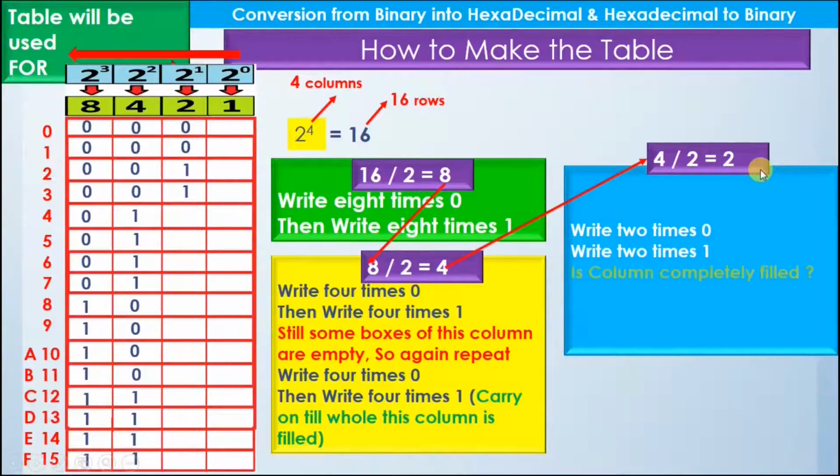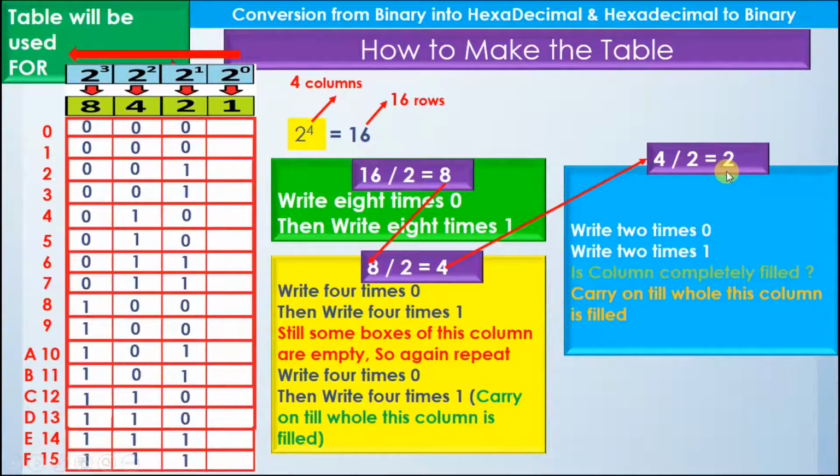Is the column completely filled? No, the column is not completely filled. So write 2 times 0 again. 2 zeros come here and again write 2 times 1. So 2 ones come here. So carry on till the whole column is filled. 2 times 0, 2 times 1, 2 times 0, 2 times 1.